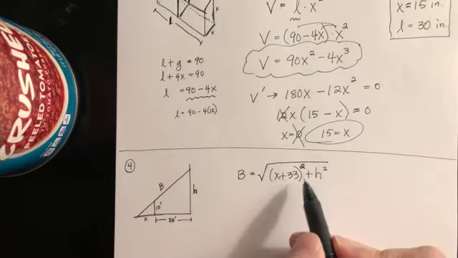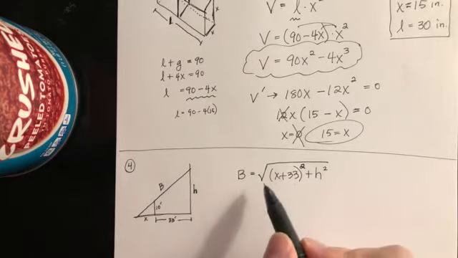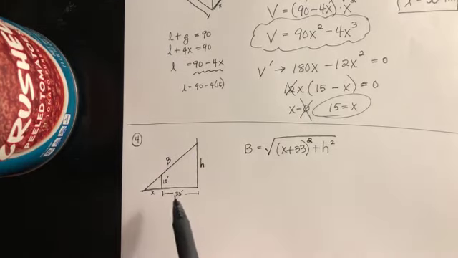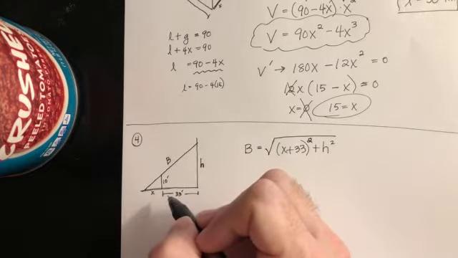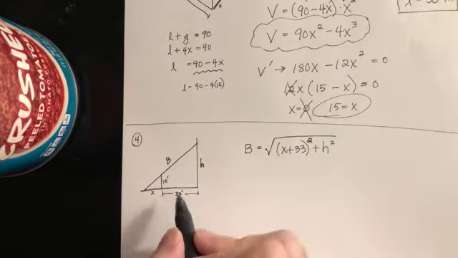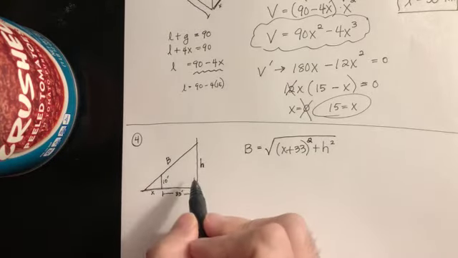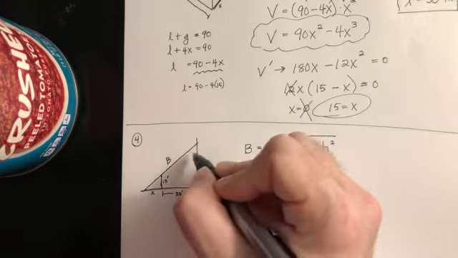Okay, so now what I need to do is get h in terms of x or x in terms of h. And there's this other equation you can do with this. If you remember related rates, you might be seeing it. It's similar triangles. The idea is that I've got to figure out how to relate this little triangle to this big triangle. And that is this side goes to this side.